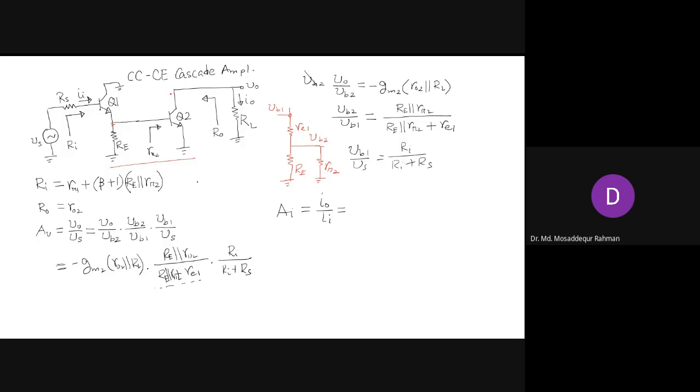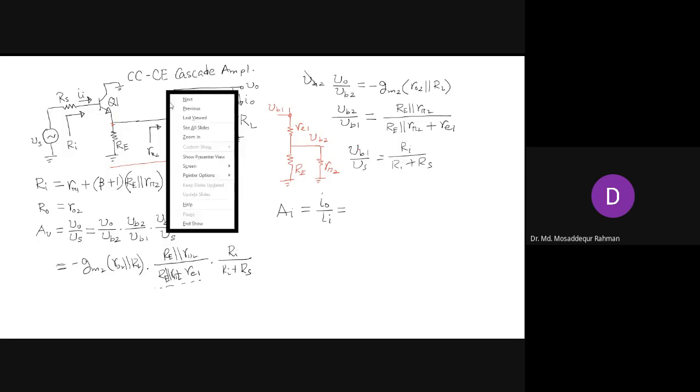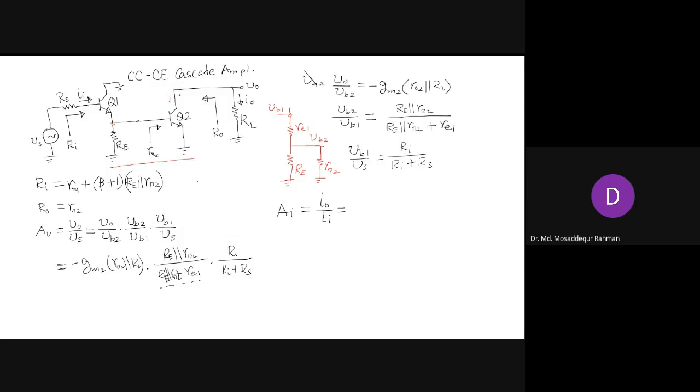Okay, the current that is flowing here is the collector current IC2 for Q2.